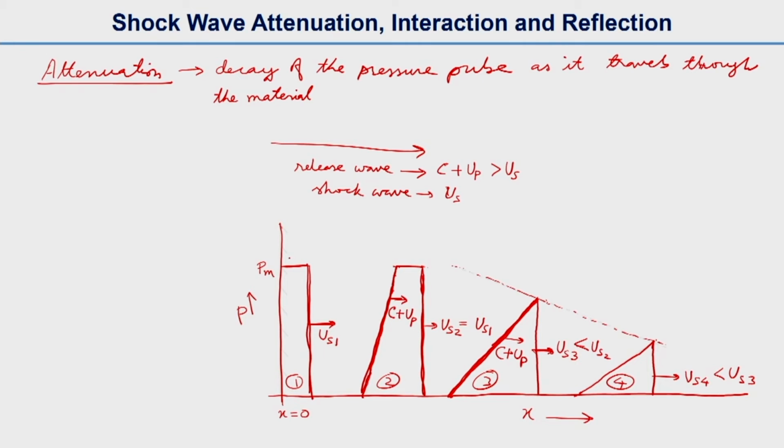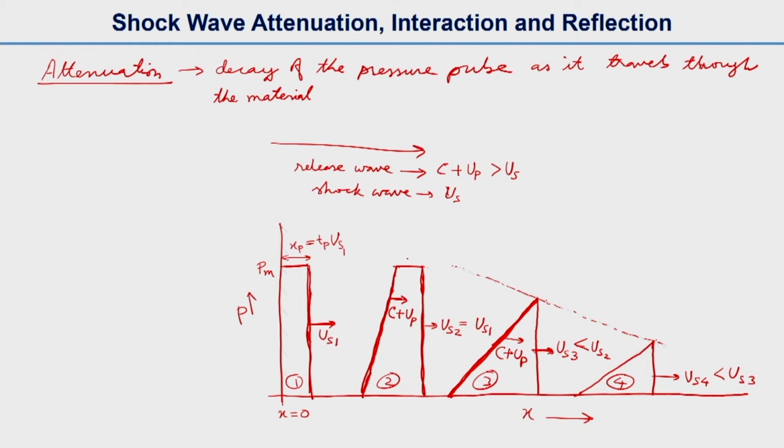This is the duration of the pulse, which we can write as xp, which is nothing but the time duration Tp multiplied by us, or in this case us1, which will give the pulse duration and the distance the pulse travels.